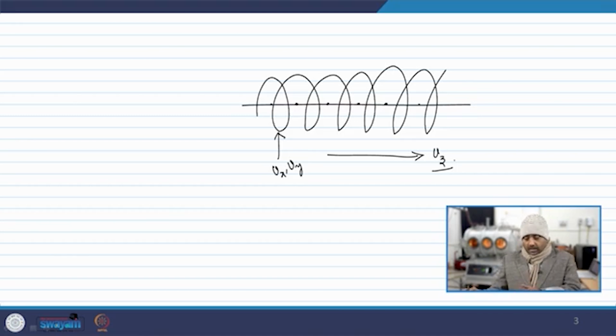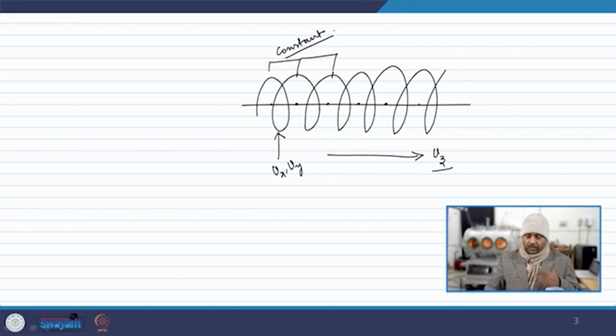As long as there is no acceleration along Vz, the distance between these 2 points, or the pitch of this trajectory, that is the distance between this and this, the pitch will remain a constant. This is a very important conclusion that we have seen today.